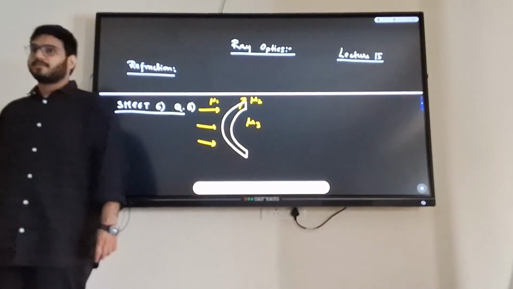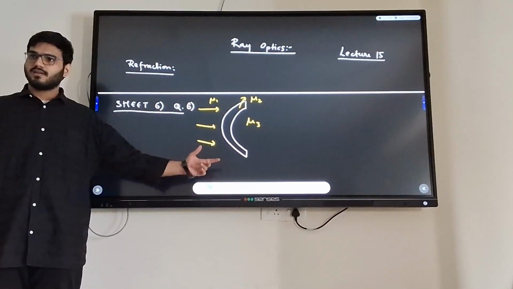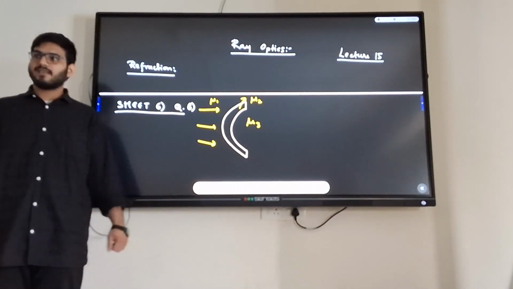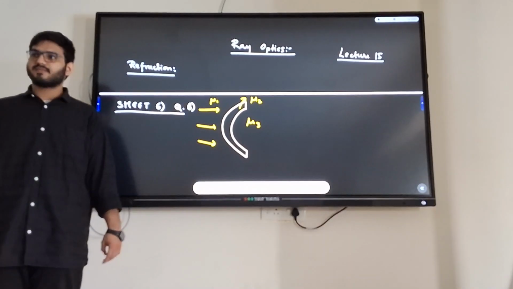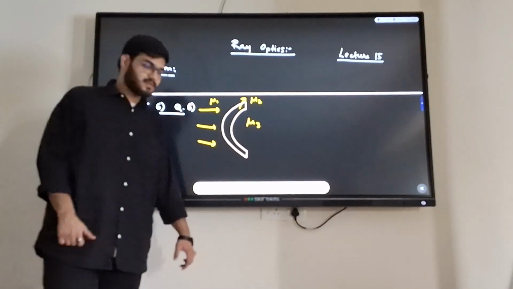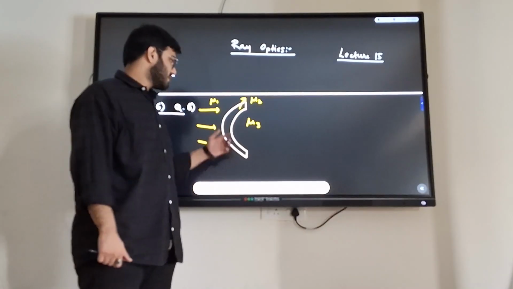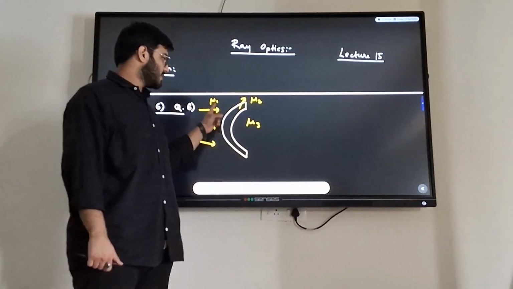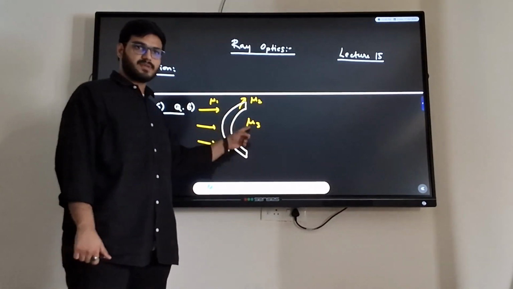They are asking to find the focal length of this setup, na? Do you remember when I started with lenses, what were the 2 basic assumptions that we started with? The assumptions were the medium here and medium here are going to be same.